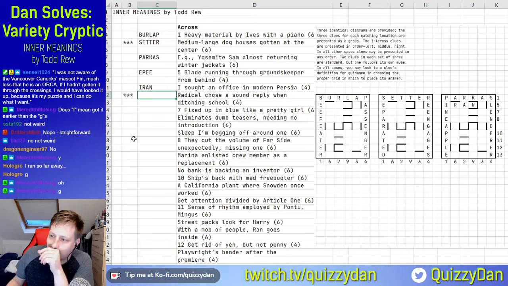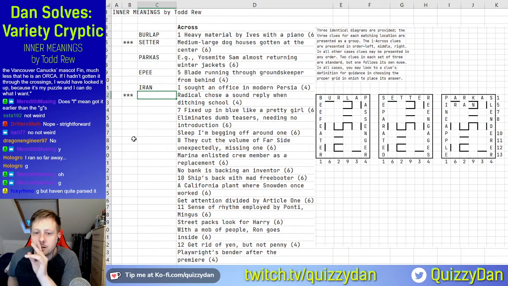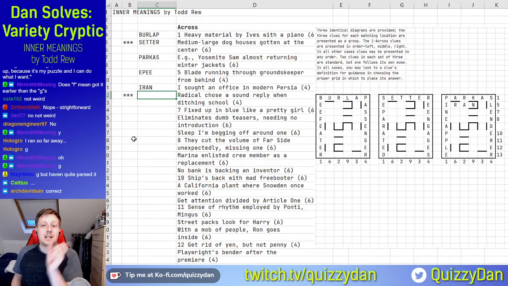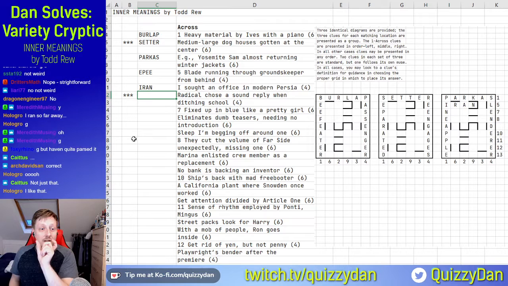Oh, I've just realised it says in all cases, you may look to a clue's definition for guidance in choosing the proper grid in which to place its answer. Does that mean if it's slap bang in the middle of the clue, the definition is going to go in the middle? So this one is 1, 2, 3, 4, 5, 6, 7, 8. This one is sound reply. That's the definition, and that is exactly in the middle.